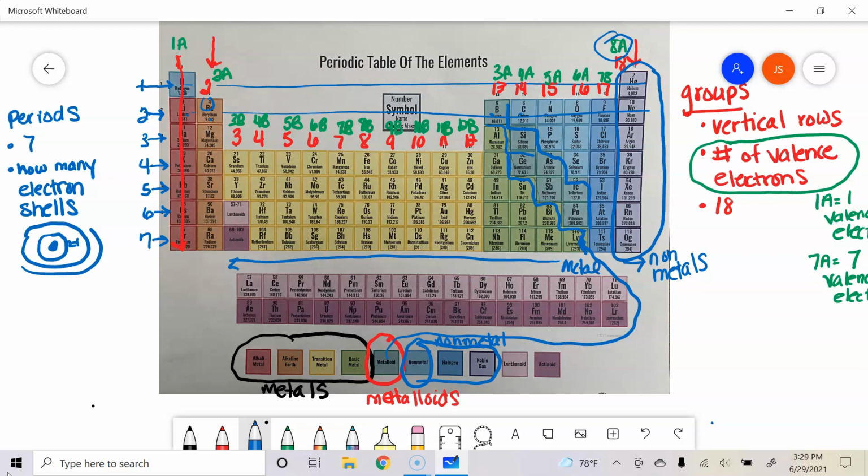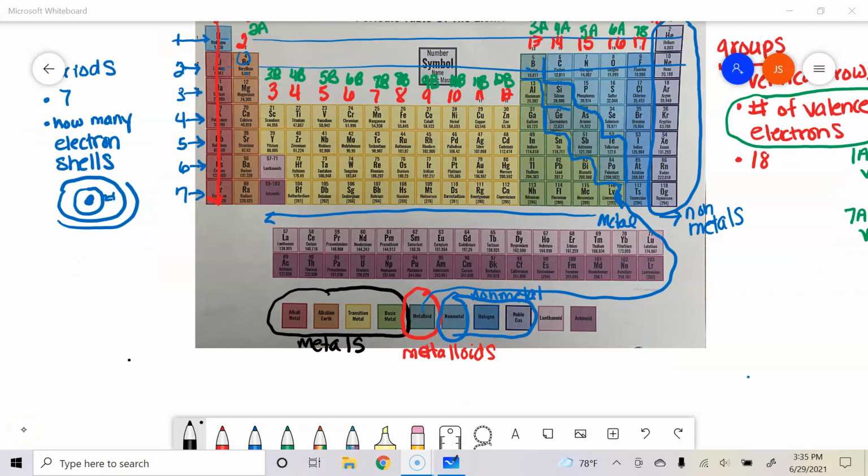So you can tell a lot about the electrons that each element has based on where they are. You can tell characteristics about them. Are they going to be shiny? Are they going to conduct electricity? You can tell how many electron shells there are based on how many periods there are. There's all kinds of things that you can tell just based on where an element is on the periodic table.